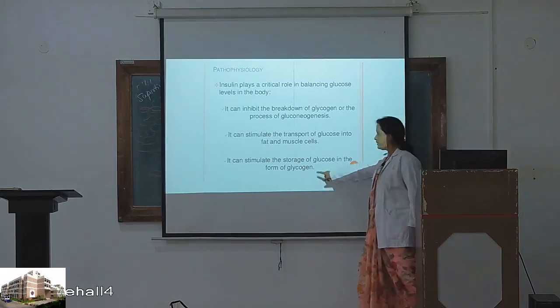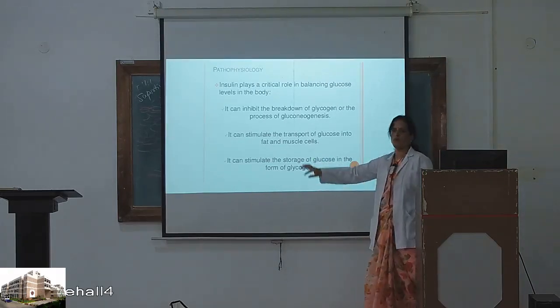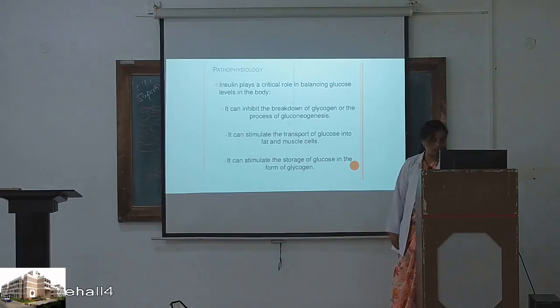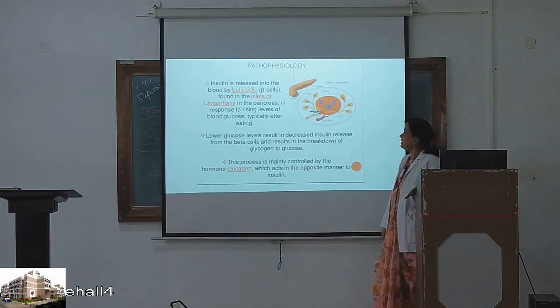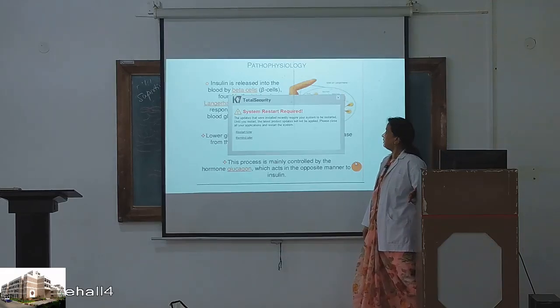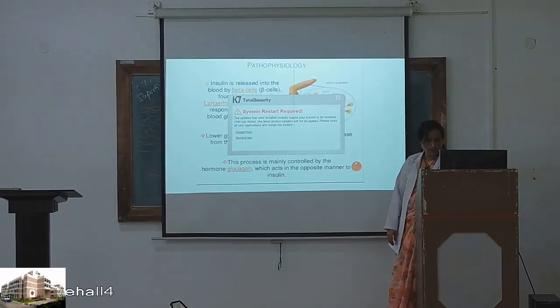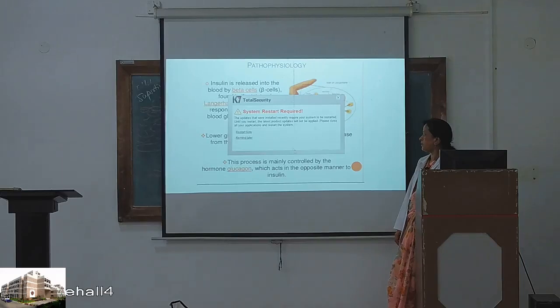It can stimulate the storage of glucose in the form of glycogen. All these are actions that insulin plays. Insulin is released into the blood by the beta cells. Okay, so beta cells are the cells which produce insulin.